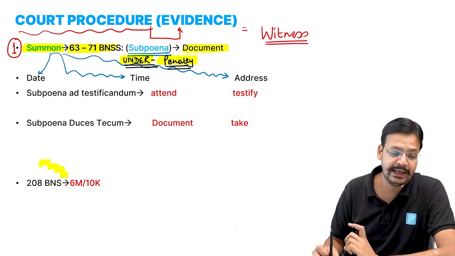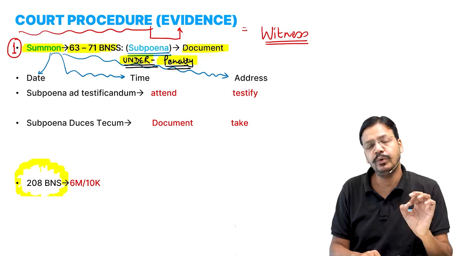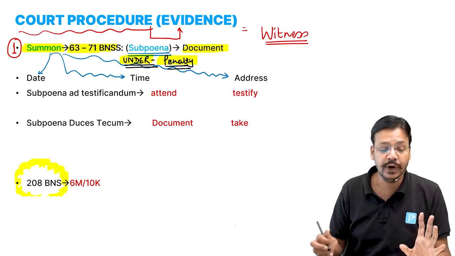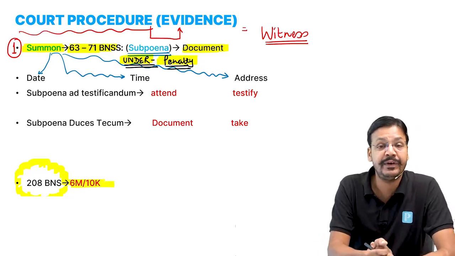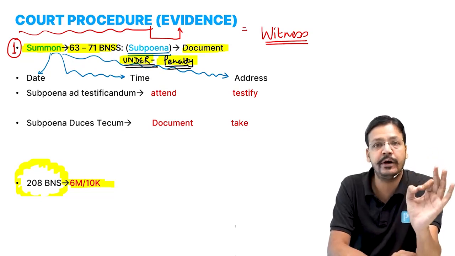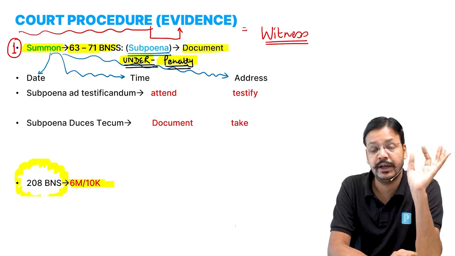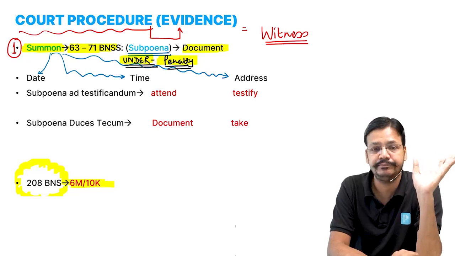And this penalty is under BNS 208. If you don't attend the summons, there will be a penalty: 6 months' imprisonment, a 10,000 rupee fine, or both. 208 is non-attendance of summons. If you don't attend, BNS 208 would be applicable.